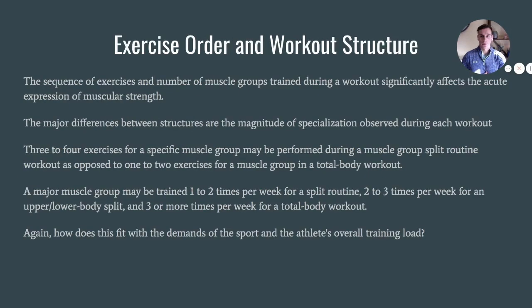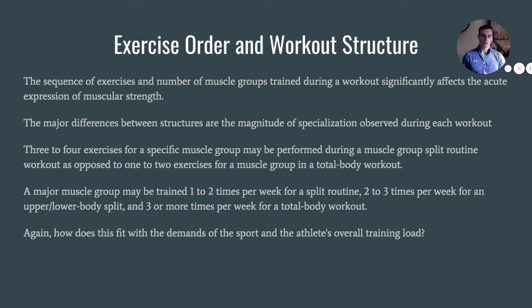All right, now obviously exercise order and workout structure again are important considerations, okay, as the sequence of exercises and the number of muscle groups trained during a workout significantly affect the acute expression of muscular strength, okay?